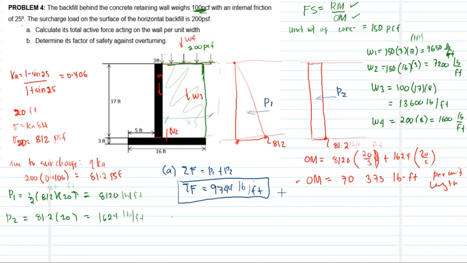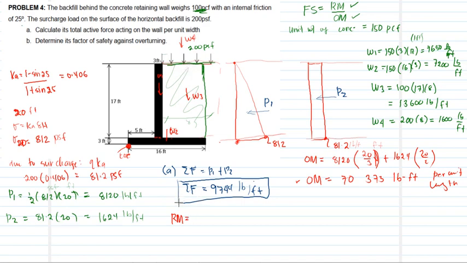Ano ngayon yung magiging resisting moment natin? Okay? So, for the resisting moment, yung factor natin, itong W1, W2, W3, and W4. So, say mag-moment tayo dito sa ating toe para makuha natin yung resisting moment.